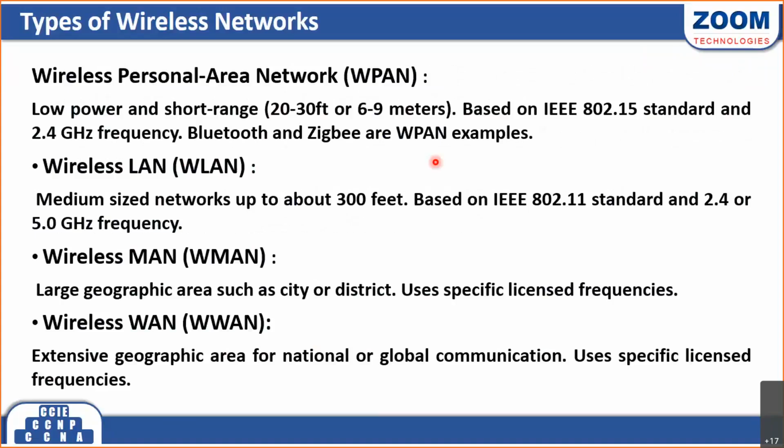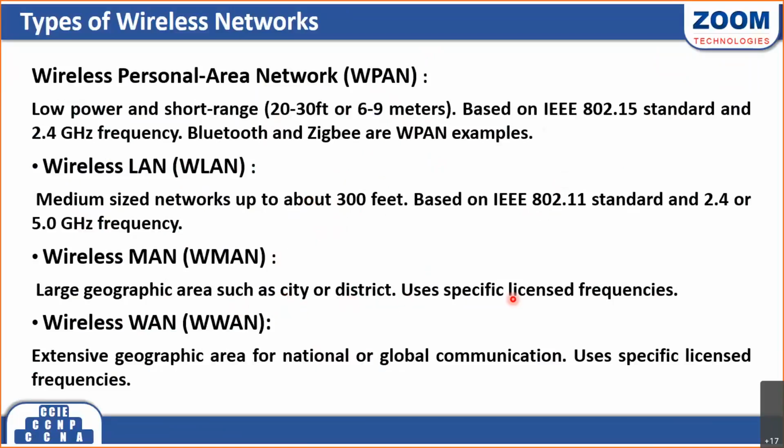These are the types of wireless networks: wireless PAN, supporting 20 to 30 feet, 6 to 9 meters; wireless LAN, medium-sized networks up to about 300 feet, 802.11; and wireless MAN, covering a city and district.